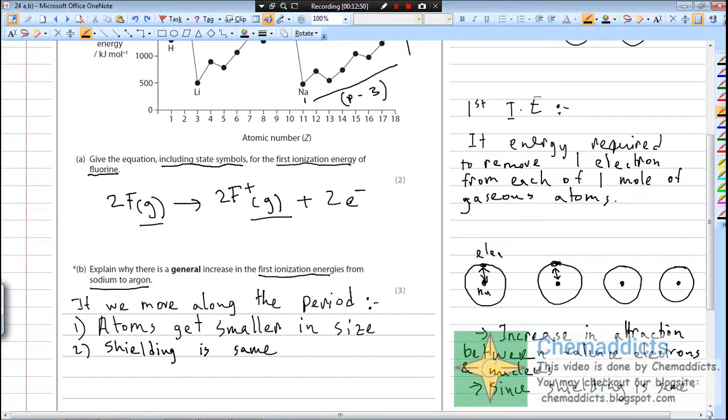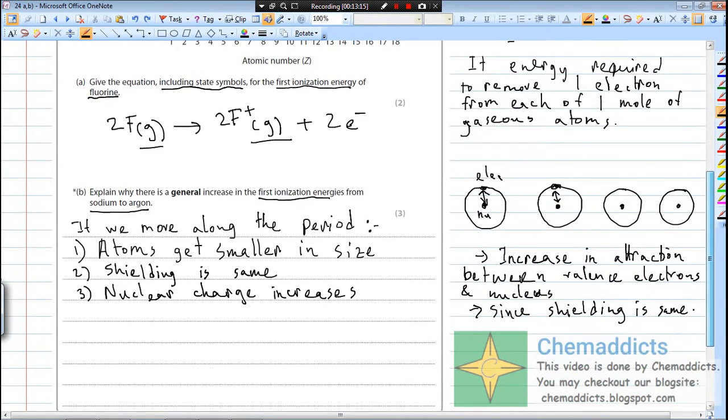Then another point is nuclear charge. Here the nuclear charge also increases as we move along the period. Then this results in a stronger attraction between the nucleus and outer electrons.